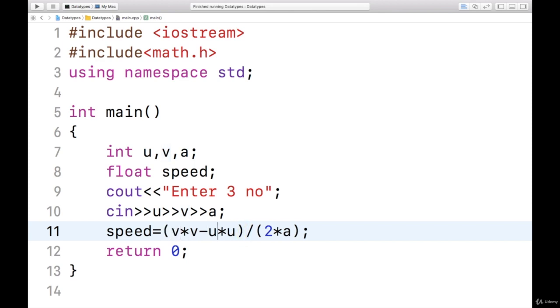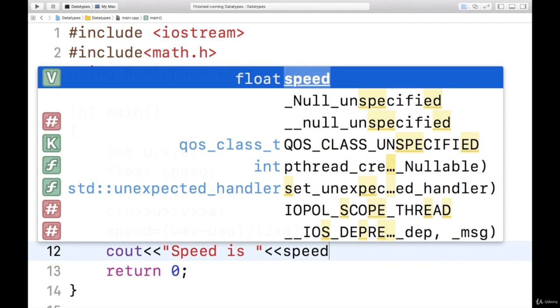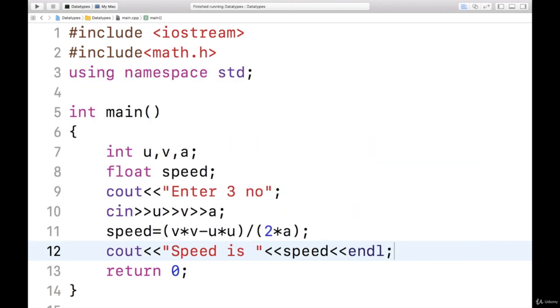Now this is perfect. And finally we will cout speed is, the value that we got in variable speed.